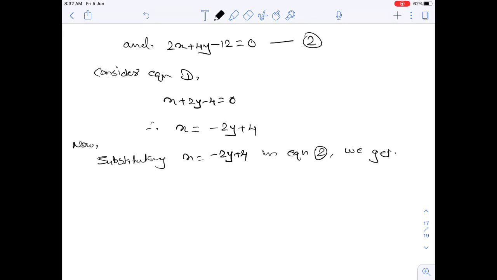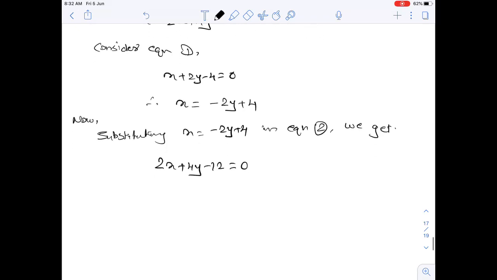First we need to write that one: 2x plus 4y minus 12 equals 0. Therefore now wherever x is present, we have to write minus 2y plus 4. So you will get 2 in bracket (minus 2y plus 4) plus 4y minus 12 equals 0.